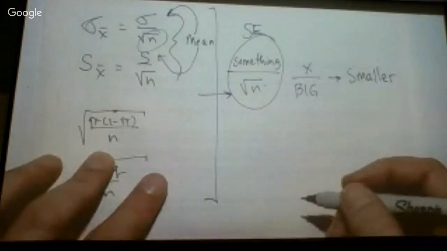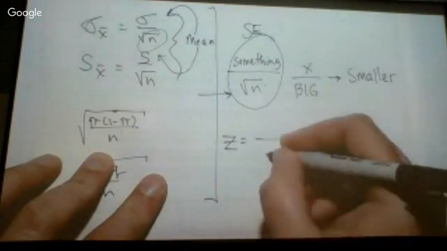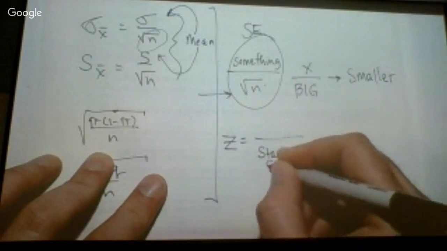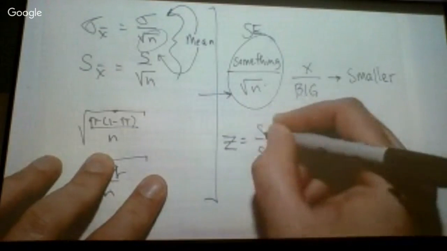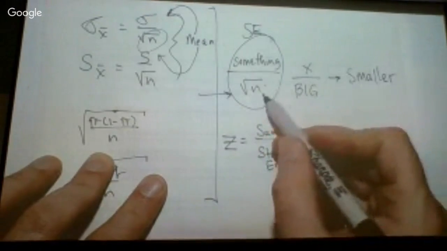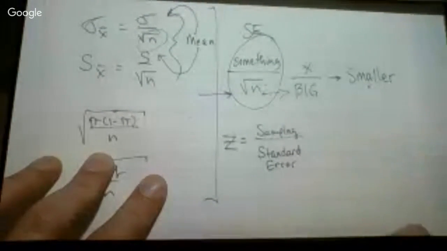And we can actually take that one step further, because when we calculate a standard score or a z-score, it's always going to have standard error on the bottom over sampling error. So if n gets bigger, the standard error gets smaller.